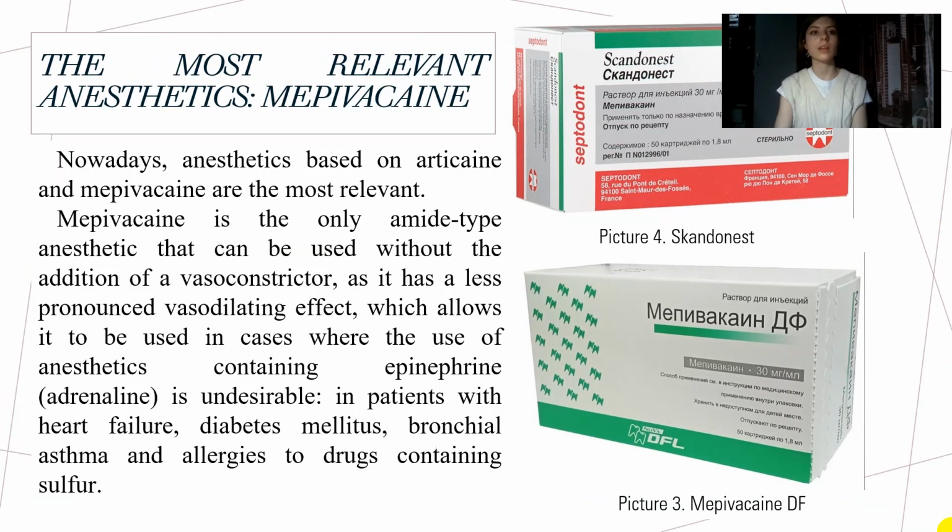The most relevant anesthetics, mepivacaine. Nowadays, anesthetics based on articaine and mepivacaine are the most relevant. Mepivacaine is the only amide-type anesthetic that can be used without the addition of vasoconstrictor, as it has a less pronounced vasodilating effect, which allows it to be used in cases where the use of anesthetics containing epinephrine and adrenaline is undesirable, in patients with heart failure, diabetes mellitus, bronchial asthma, and allergies to drugs containing sulfur.